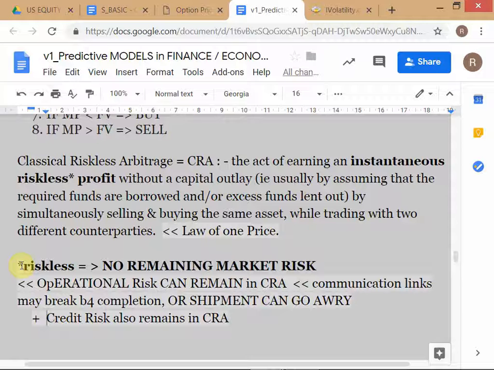So you can see the example you saw, where you sell in Delhi at 75 and arrange to have it shipped from Patna and earn a 10 rupee profit. If everything goes okay, which is what normally happens, you don't have manifestation of operational risk or credit risk every day in the markets. So you understand the difference between these types of risks? Market risk, operational risk, credit risk.